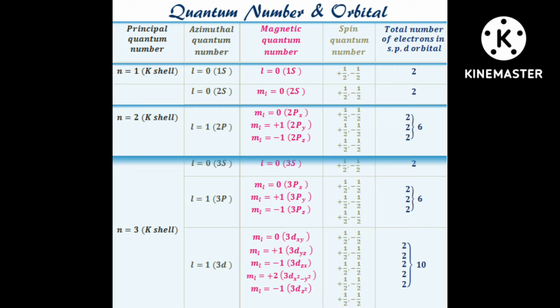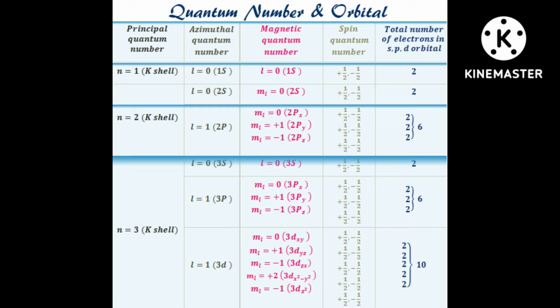Similarly, shape and orientation mean that there is a more probability of finding the electron along a certain direction. Orientation means it is related to direction.